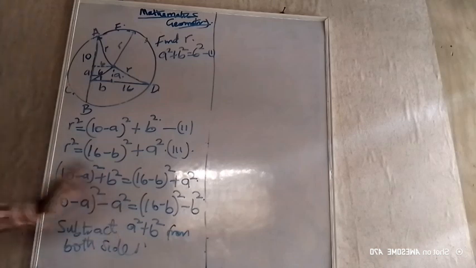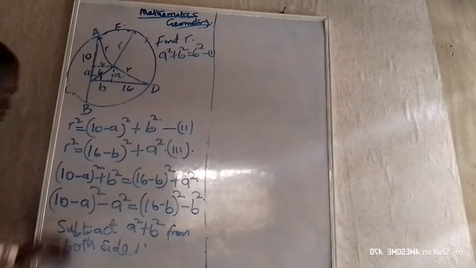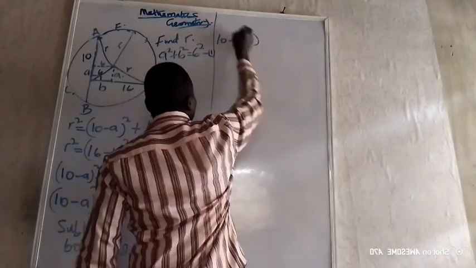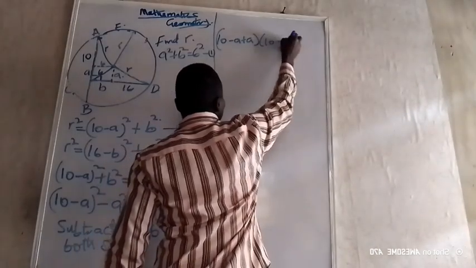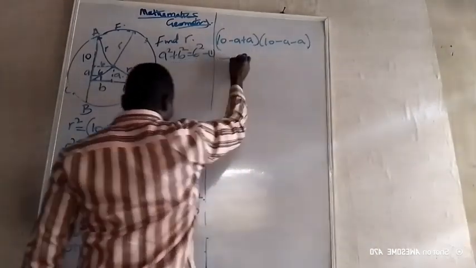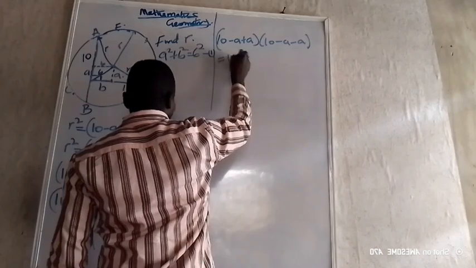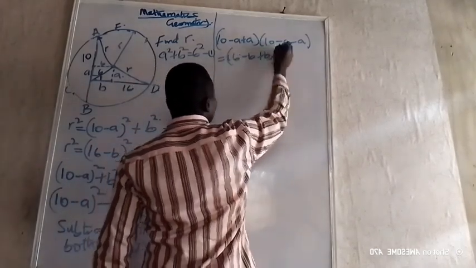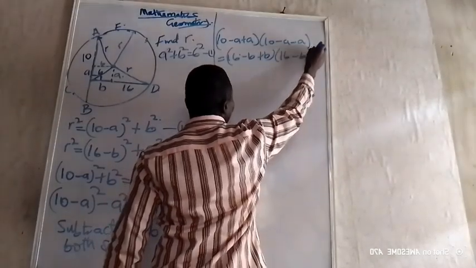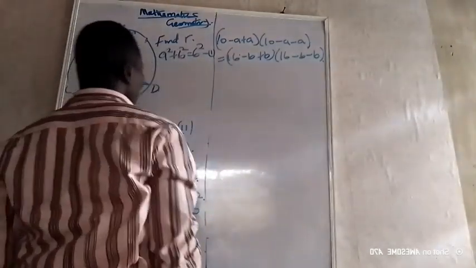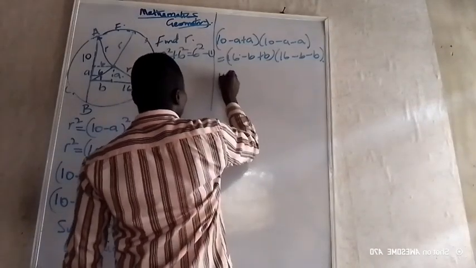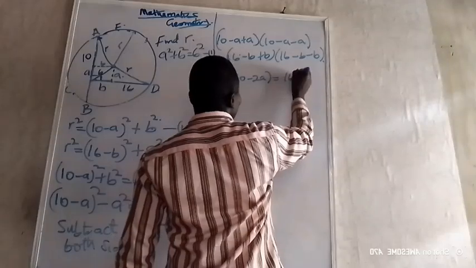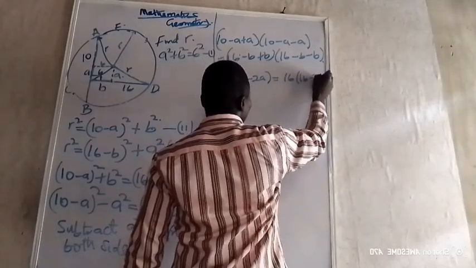Now, this is easy to factorize. So we can now say (10 minus a plus a) into (10 minus a minus a) is equal to (16 minus b plus b) into (16 minus b minus b). And what does that give us? This is 10 into (10 minus 2a) is equal to 16 into (16 minus 2b).